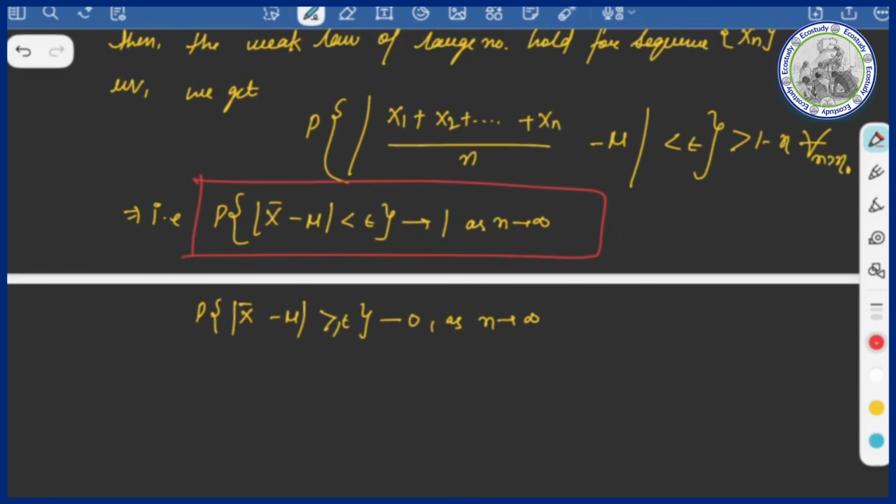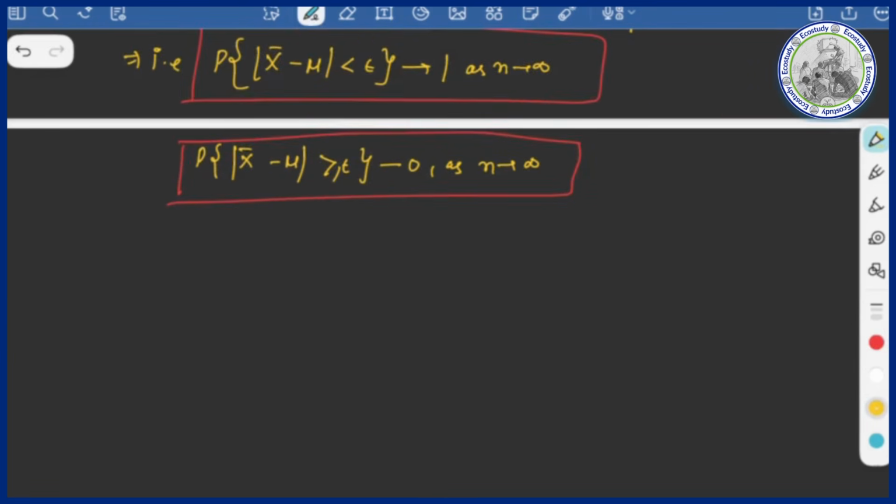Okay, this is one statement and this is the other statement. What does it mean? The result implies that Xn bar, that is the sample mean, converges in probability to mu.